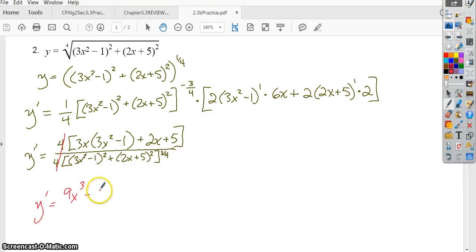Negative 3x and 2x make negative 1x, plus 5, all over 3x squared minus 1 to the 2nd, plus 2x plus 5 squared, and that's to the 3/4. Okay. So I believe that is it for that guy. And I hope you are okay with that, because that is quite involved.